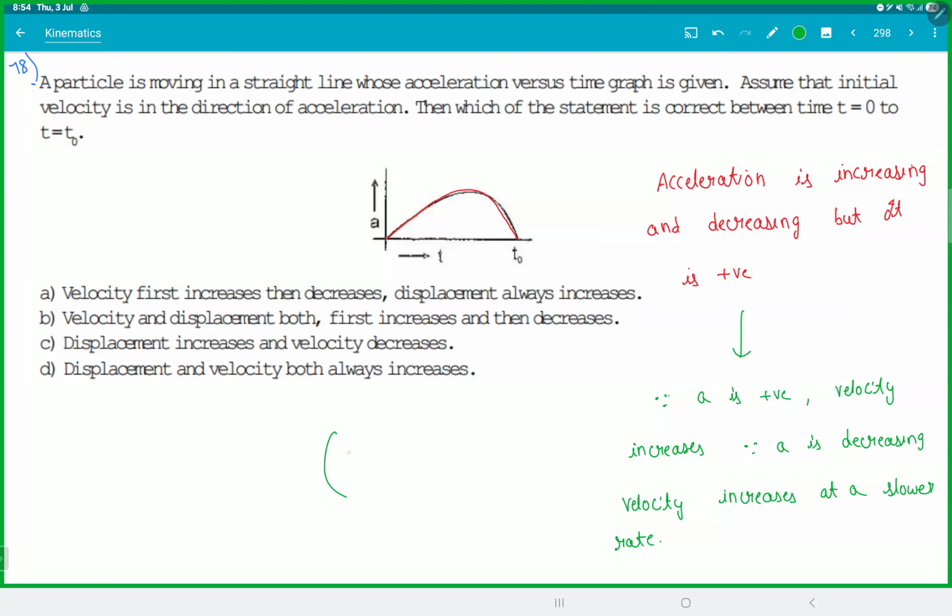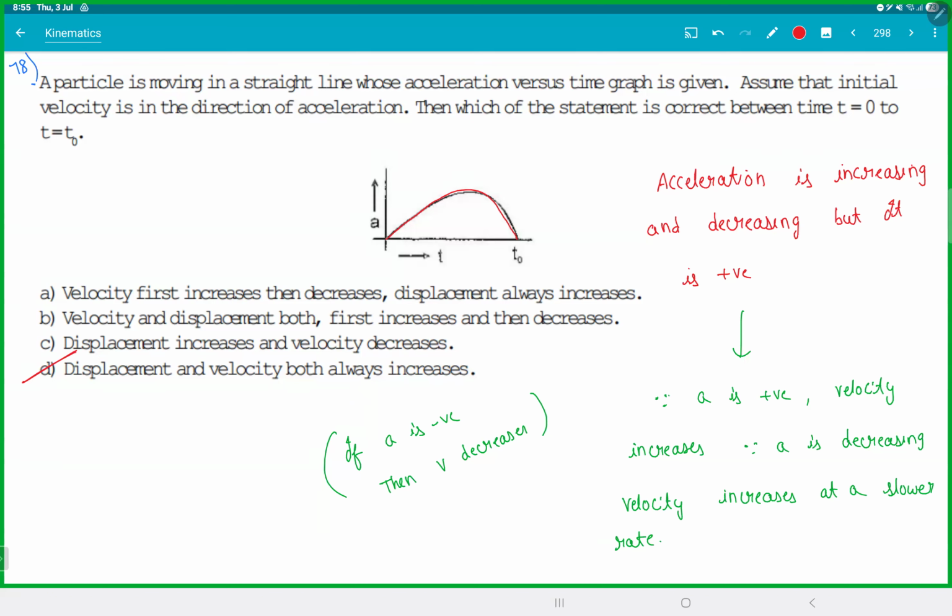Yeah, if A is negative, then the velocity decreases. So if the graph had gone below, then it would have decreased. So first option is gone. Second option is gone. D option is the only answer left. Displacement and velocity, both will keep increasing.